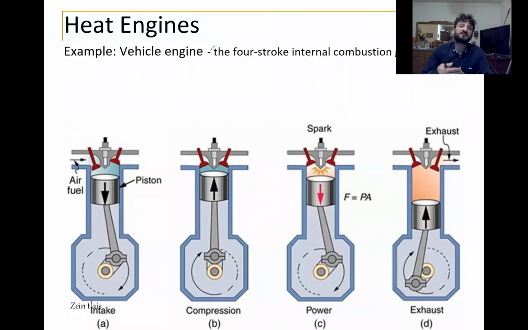First of all, in order to understand the engine in general and to understand the cycle: when we have a cycle, it means you have Q hot added to the system, and in general, Q hot minus the absolute value of Q cold equals the work done by the system.